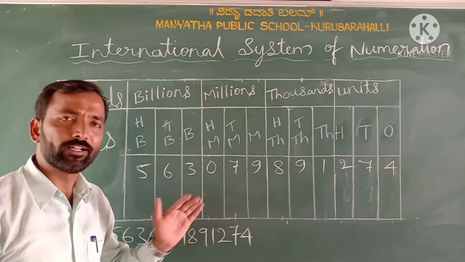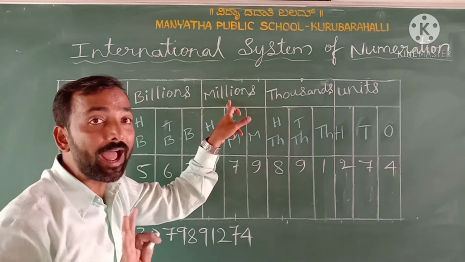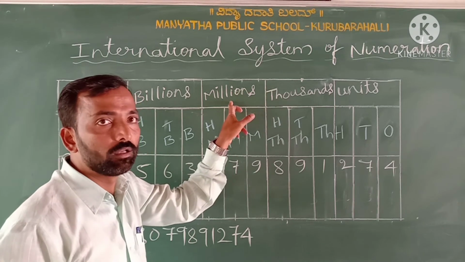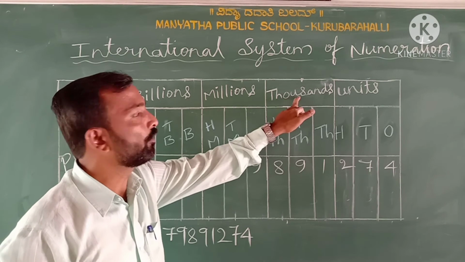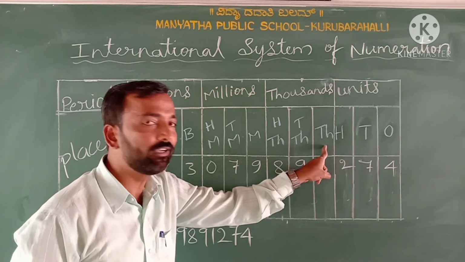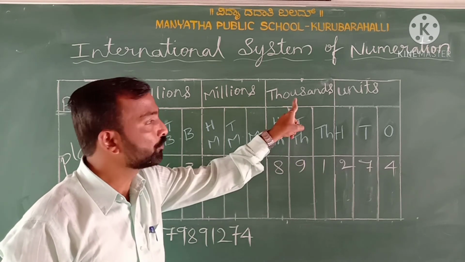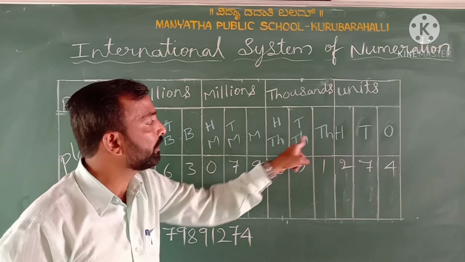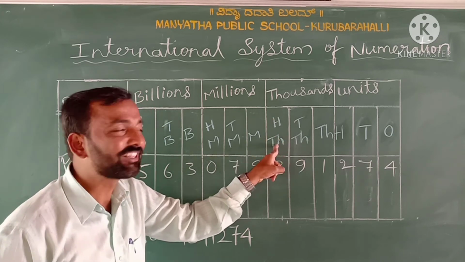It's something different. After thousands, there is no lakhs. After thousands, millions. And one thing, in the Indian system, the thousands period is divided into just two parts, that is 1000, 10,000. But here the thousands period is divided into 3 parts: 1000, 10,000, 100,000.